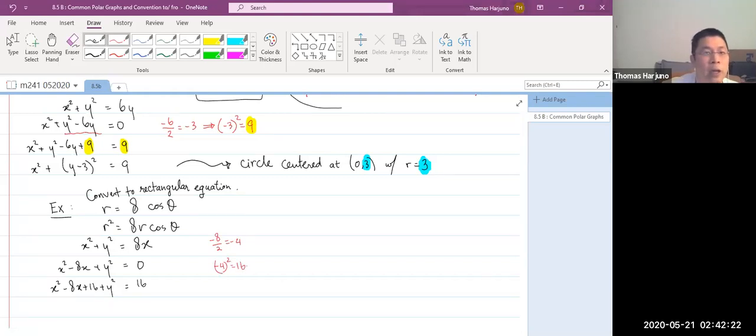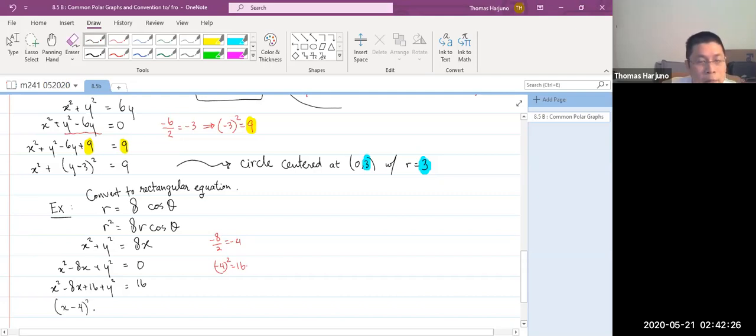Now then we get (x minus 4) squared plus y squared equals 4 squared. That is a circle centered at (4, 0) with radius 4.